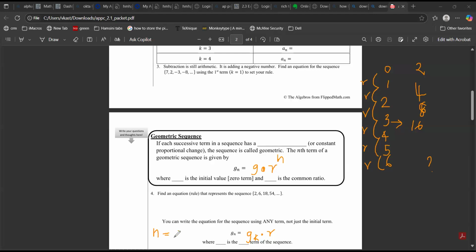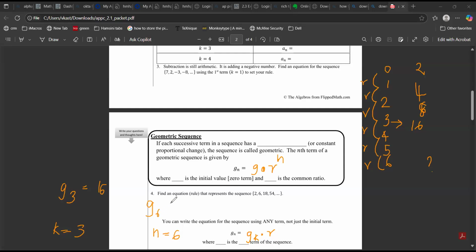I want to find the sixth term. But I'm being given the kth term where k is equal to 3, meaning G3, the kth term, is equal to 16. I am asking for G6.